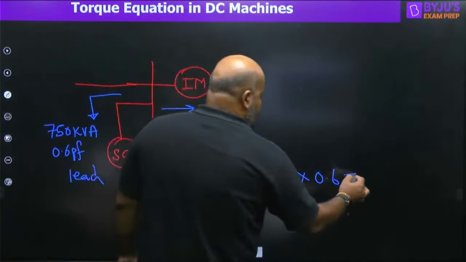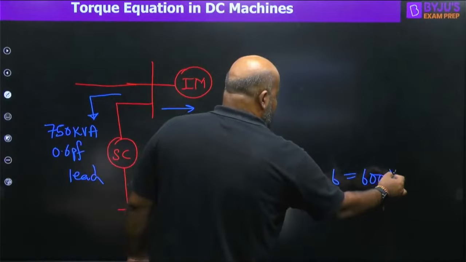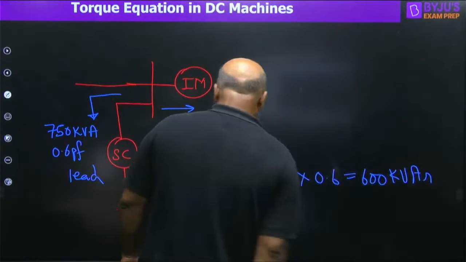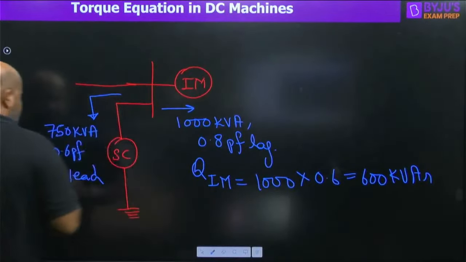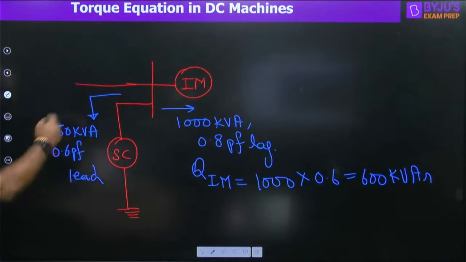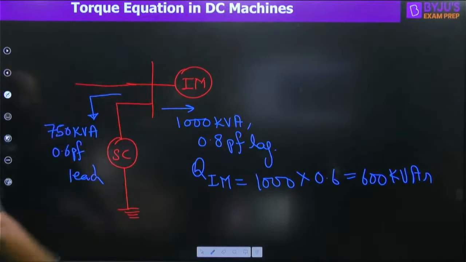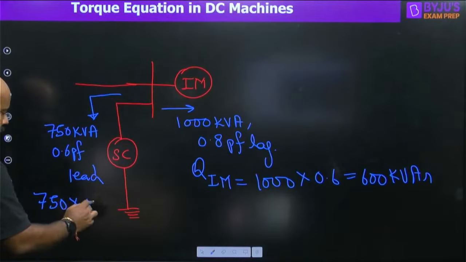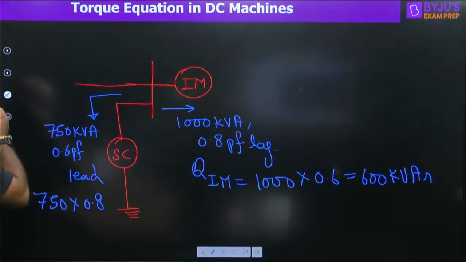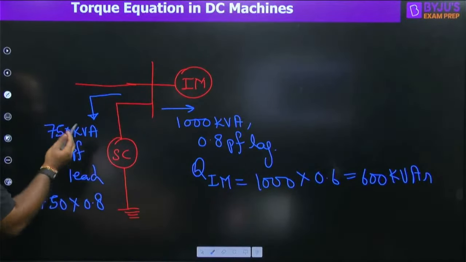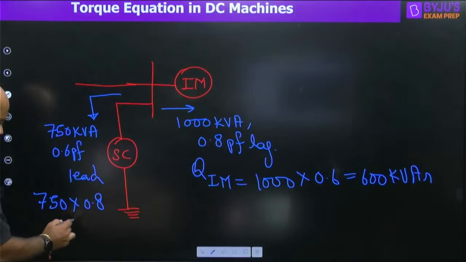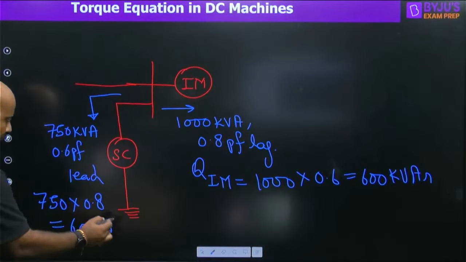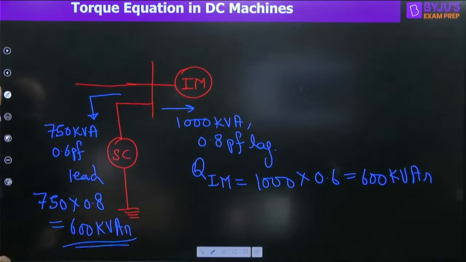So this is going to be 600 kVAR. The lagging reactive power supplied by this synchronous condenser to the system is 750 multiplied by 0.8, because sin phi here is 0.8 and 0.6 is cos phi. This is also 600 kVAR.